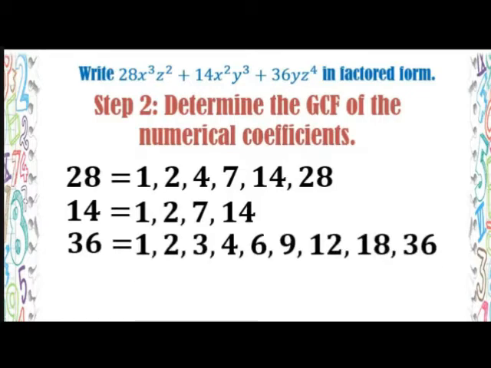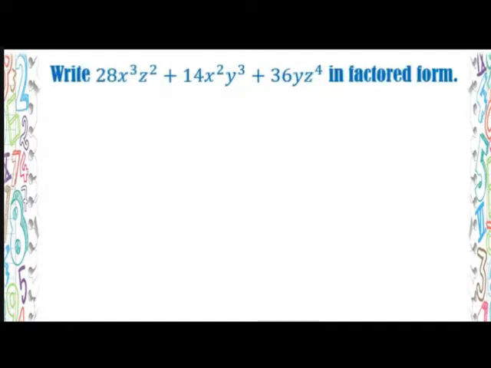For 36, you can divide it exactly by 1, 2, 3, 4, 6, 9, 12, 18, and 36. Based on the listed factors, the greatest common one is 2. So the GCF of the numerical coefficients is 2.